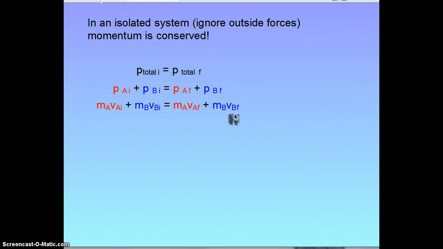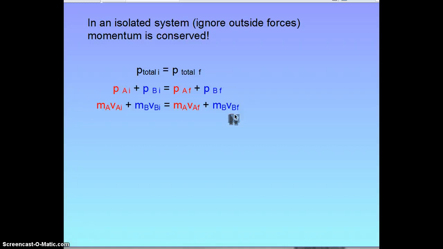And this is where paying attention to directions is vitally important. Not just a little important, it's vital. If the red car is going to the left and the blue car is going to the right, you absolutely have to put in a negative sign on one of those two directions. If you don't do that, you will get the wrong answer.